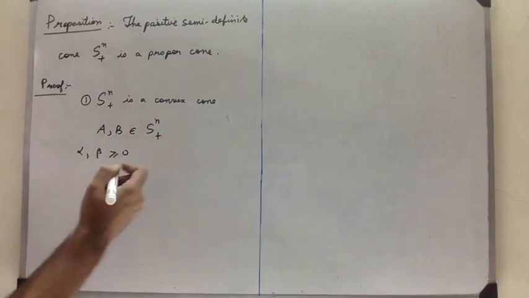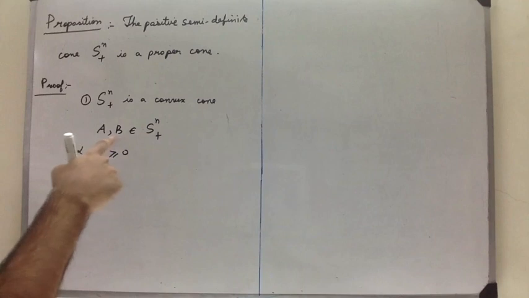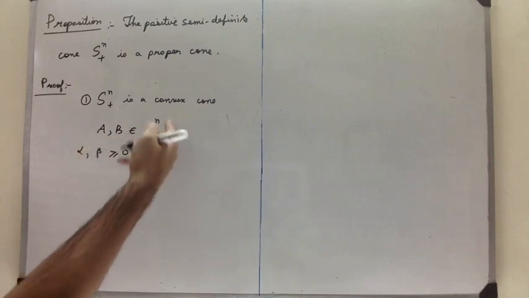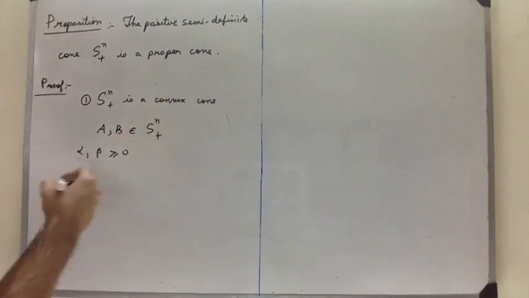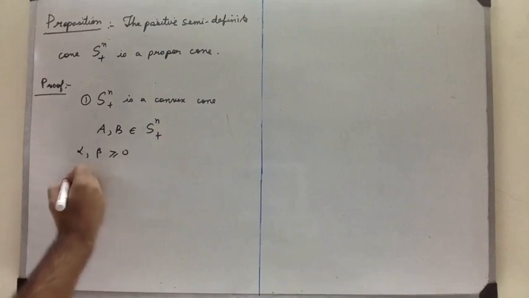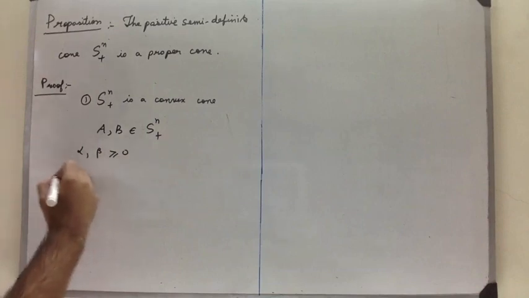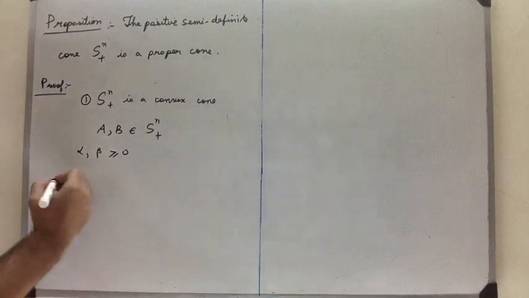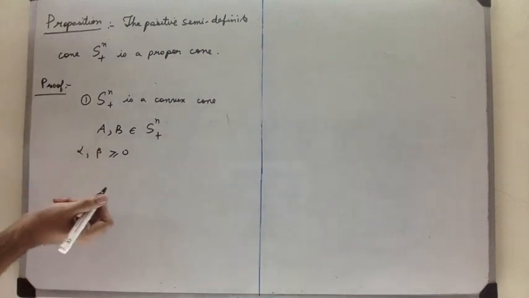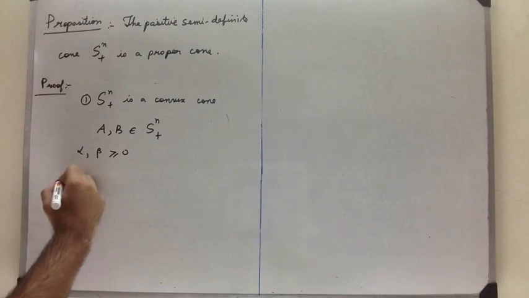Then we just need to show that alpha A plus beta B is also in the convex cone S^n_+. In order to show that, we look at the condition for a symmetric matrix being positive semi-definite.